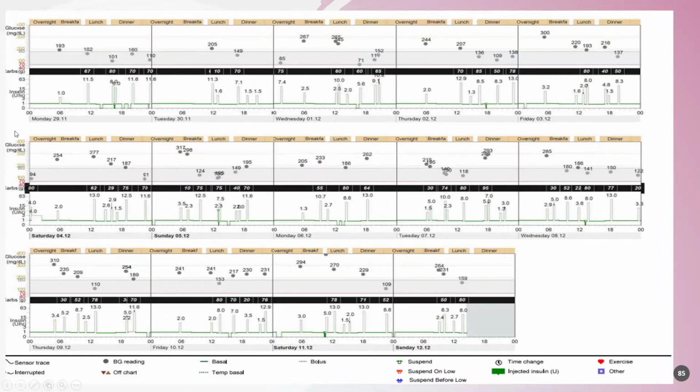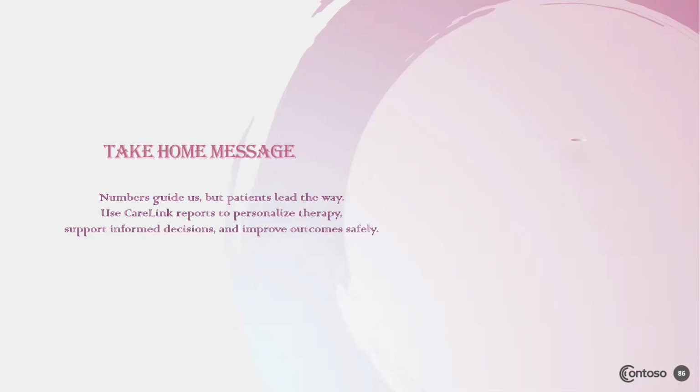Again, reading a pump depends on what items or segments you want to discuss, and by reading a lot of CareLink reports, you will develop a good personalized, I will not say criticizing, but good personalized analysis of data for your patients.